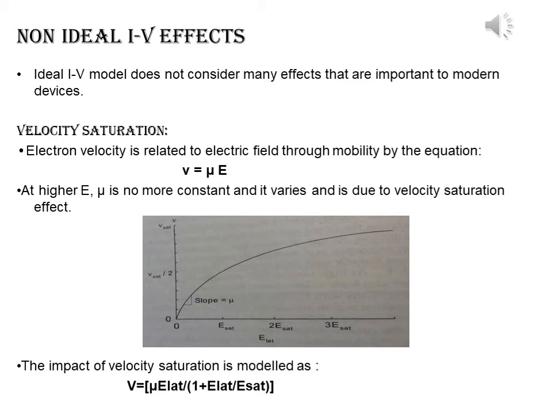Now we'll see how the impact of velocity saturation is modeled. Before the velocity reaches a critical value, V can be given, as you can observe in the equation, as mu into E lateral divided by 1 plus E lateral by E saturation. E lateral is the electric field in the figure.